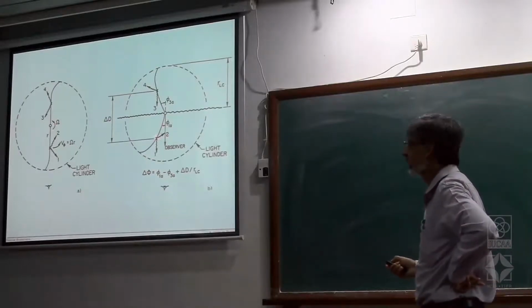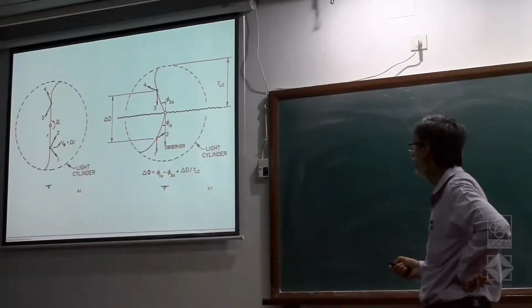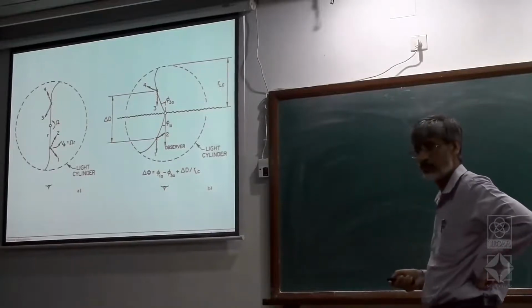Now, how much time will elapse between 1 and 3 reaching the observer?